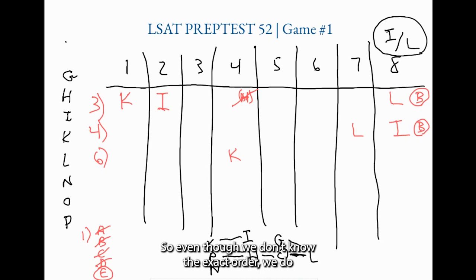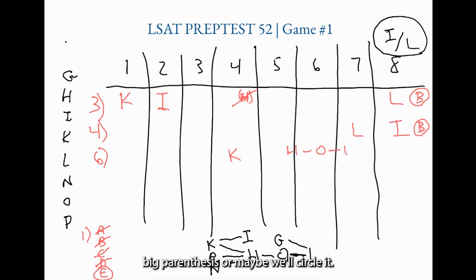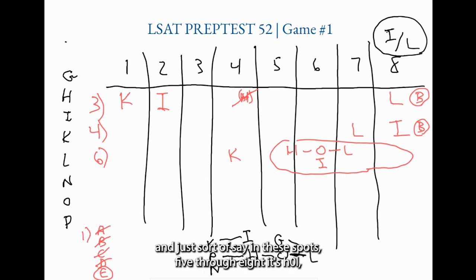So even though we don't know the exact order, we do know the 4 players that go after K. I'm going to put them here in kind of a big parenthesis, or maybe we'll circle it. We want to retain the HOL order, but I is really free to go wherever. You just sort of say, in these spots 5 through 8, it's HOL. We know it's that order, and then I could be 5, 6, 7, or 8.